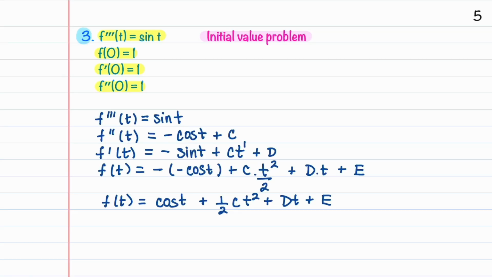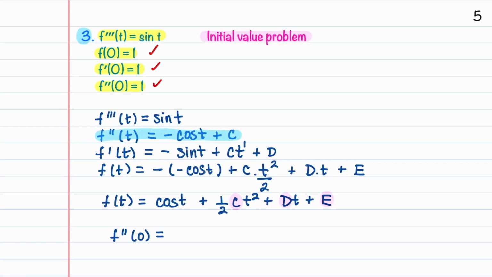Now what we want to do is find c, d, and e. And to do that, we are going to use the three conditions that were given up here in our original problem. Let's start with f double prime at 0. Let me go up and highlight this so you can see where we are looking.